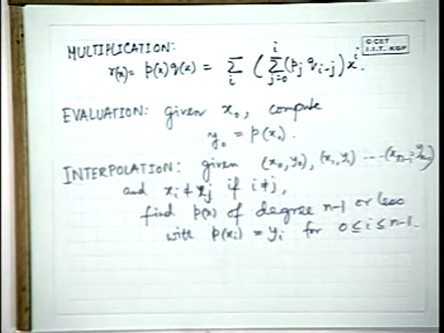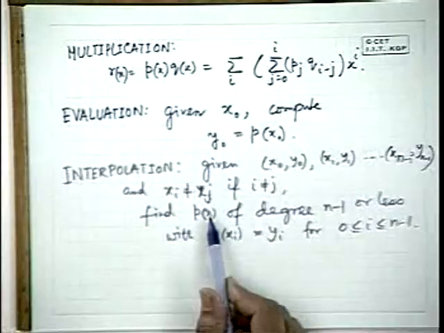In evaluation, you are given the values of x, and you evaluate the function at those values. And interpolation is: you have been given a set of n values, which are the values of the polynomial at n given points. Then you are asked to find out the actual polynomial. So that is the interpolation.